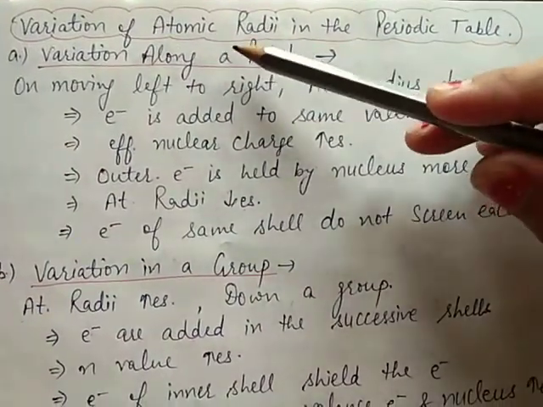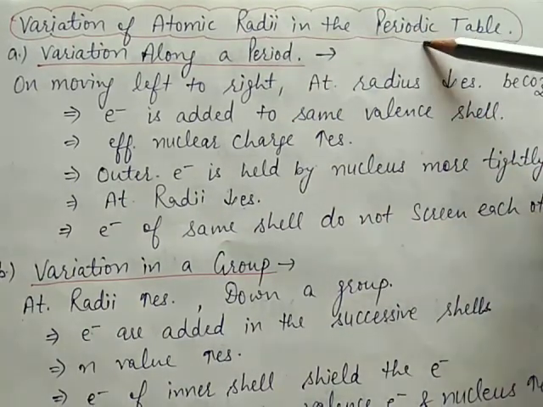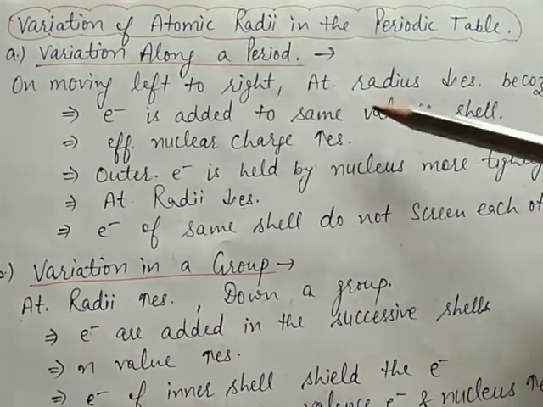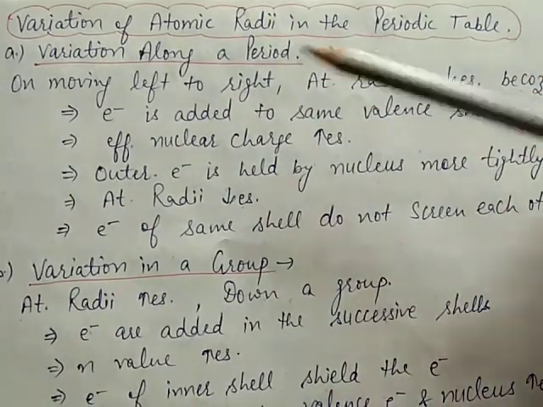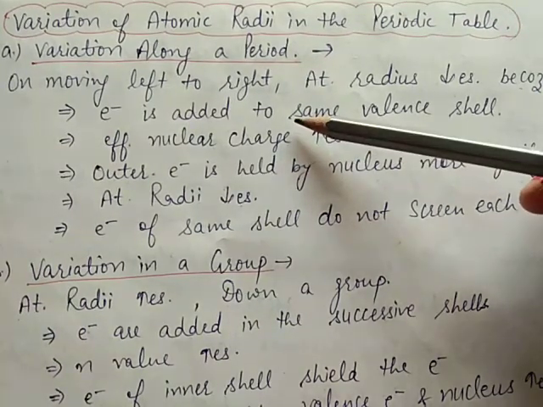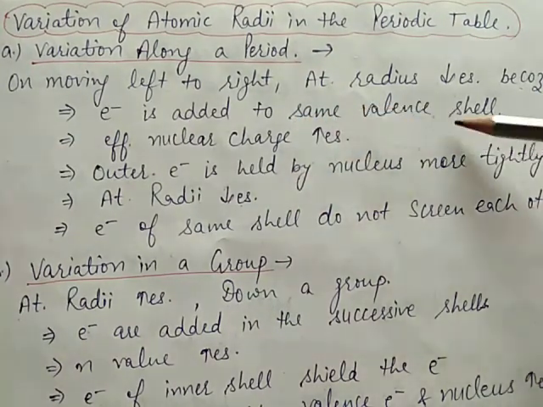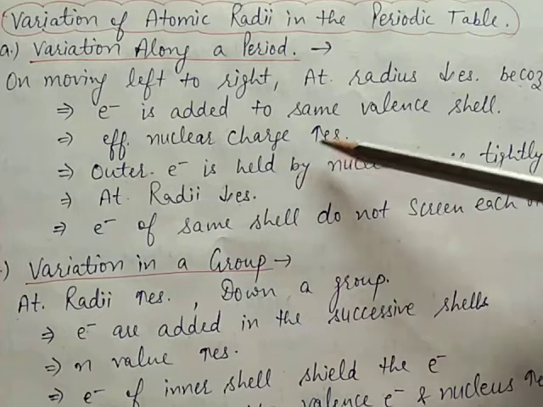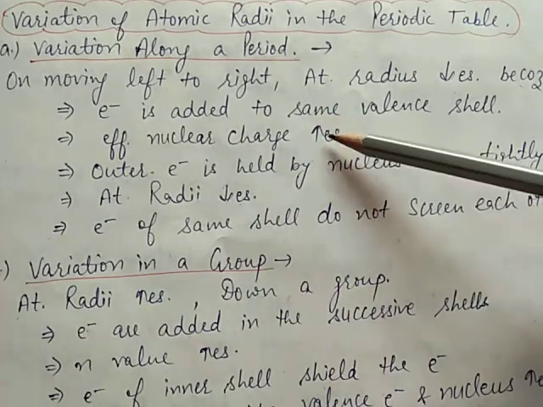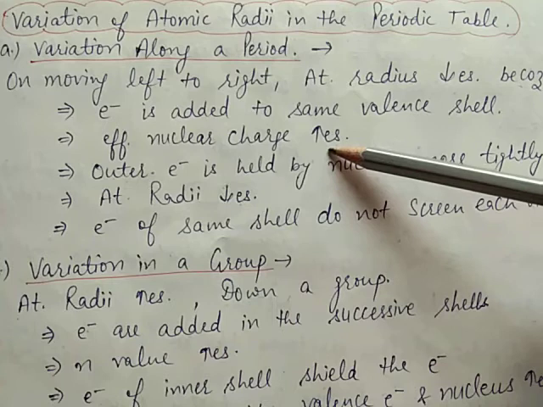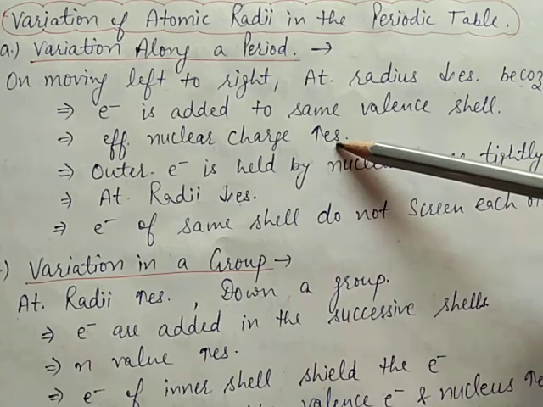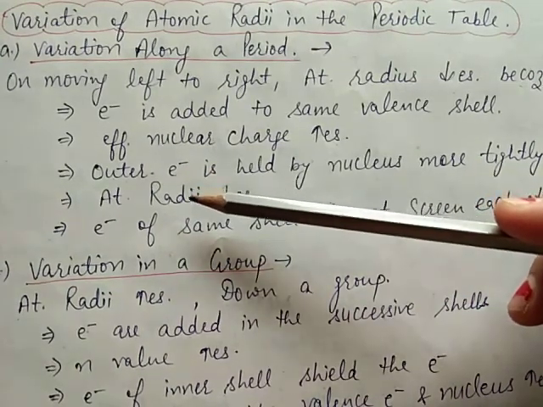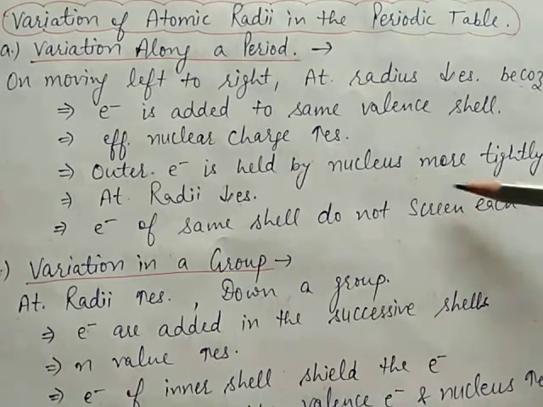Now the next is the variation of atomic radii in the periodic table. First, variation along a period. On moving from left to right, atomic radius decreases because electrons are added to the same valence shell in a period. So the effective nuclear charge increases. Effective nuclear charge means the net nuclear attraction towards the valence electrons, so the outer electrons are held by the nucleus more tightly.